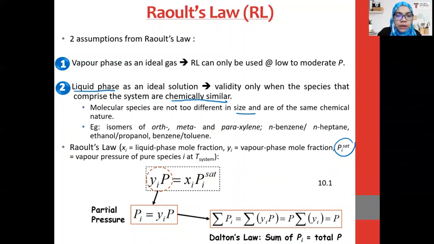So we have the partial pressure for each component, P1 equal to y1 P, and based on Dalton's law, the sum of the partial pressures of each species gives us the total pressure in the system.